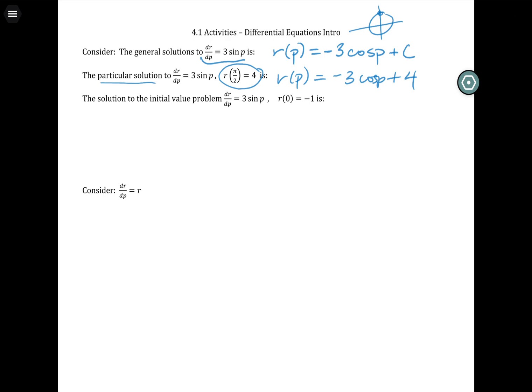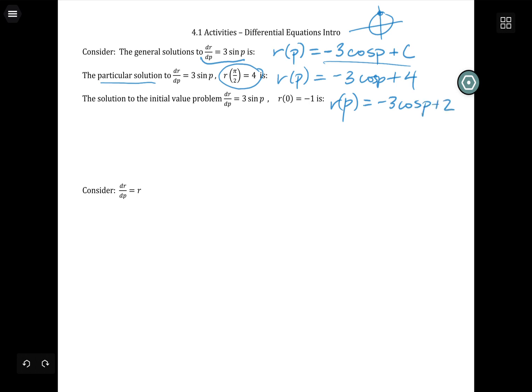So now I've got my -3 cos p plus c. When I plug in 0, cosine of 0 is 1, so I get -3 times 1 plus c, and that should equal -1. So in this case, c is going to equal 2, and the solution to the initial value problem is r of p is equal to -3 cos p plus 2.